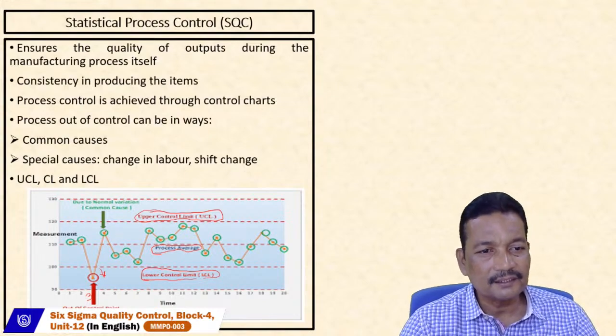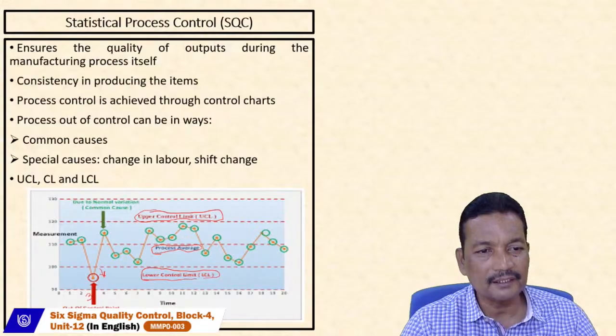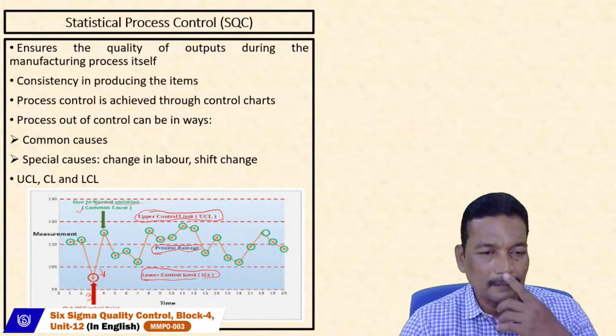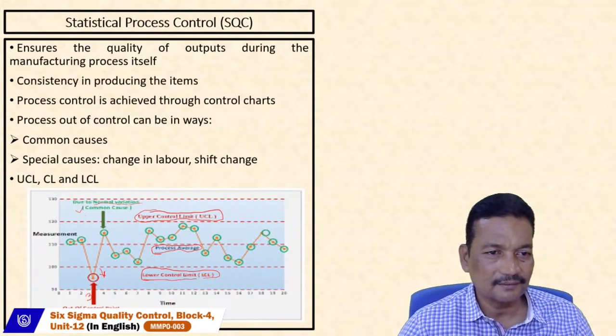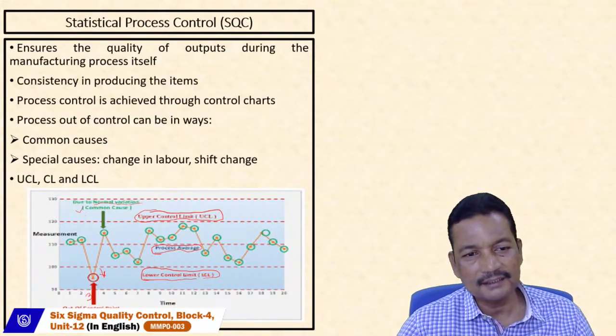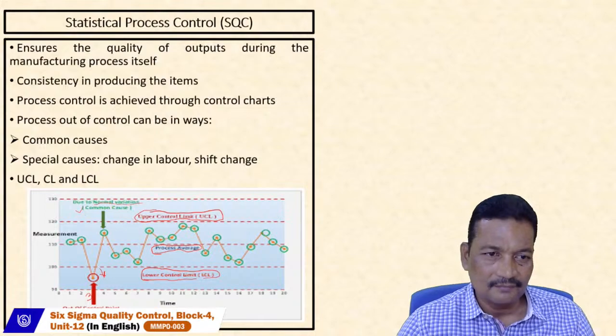Now here you see, suppose this particular point, all the things are hovering near to the central value. So those are called as the normal variations or common causes. So you can have normal causes or common causes and special causes.